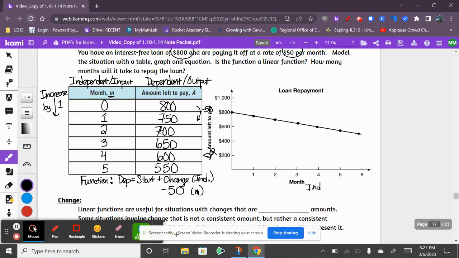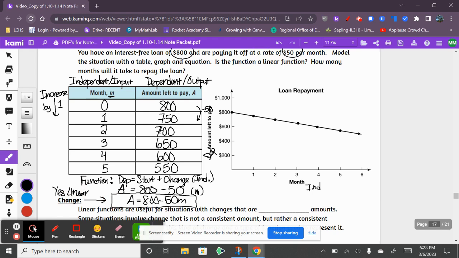Our starting value was 800, and our dependent variable is A. It would look a little nicer if I write it as A equals 800 minus 50m, so we don't really need the parentheses there. And yes, this is linear. We have a linear change happening here.